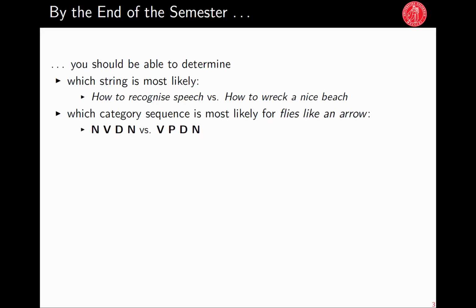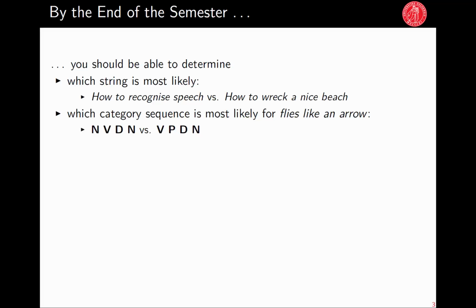And so what he does there is he shifts our expectations about the category assignments, because fruit flies like bananas. He now wants us to look at time flies as a type of insect. So there the flies actually would be a noun. And like as a verb actually, the time flies have a positive attitude.